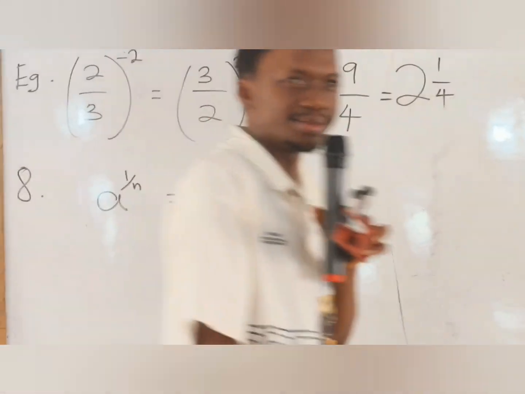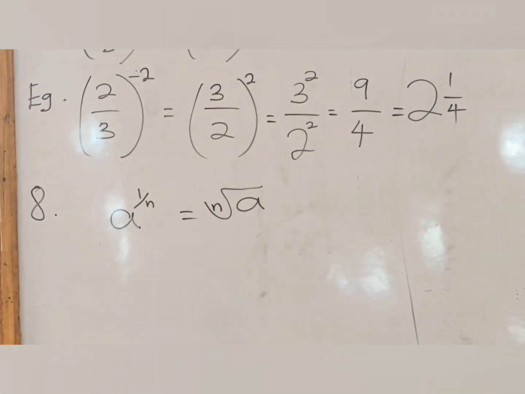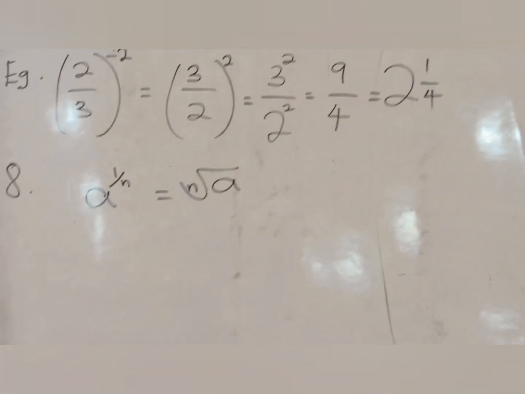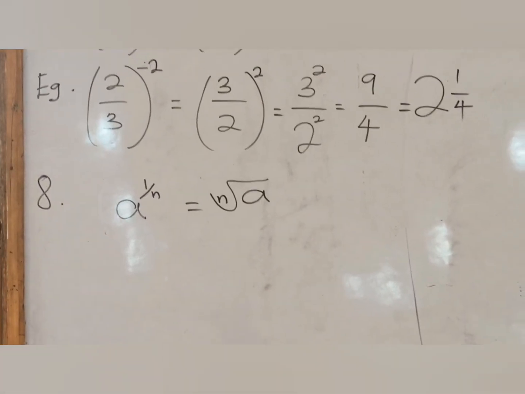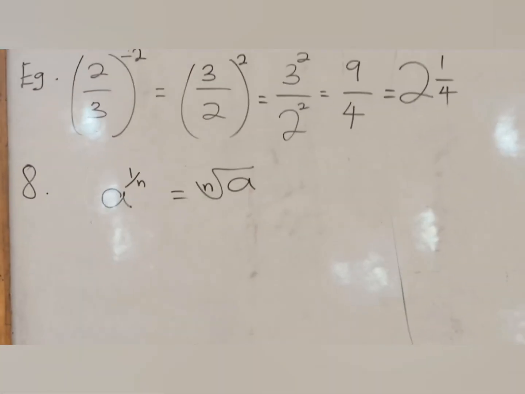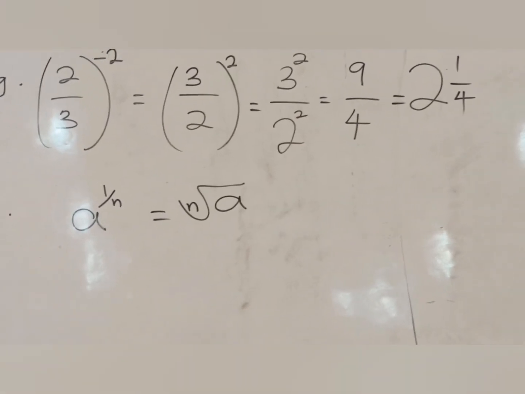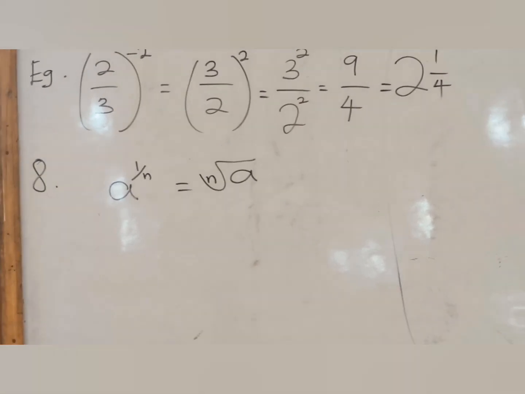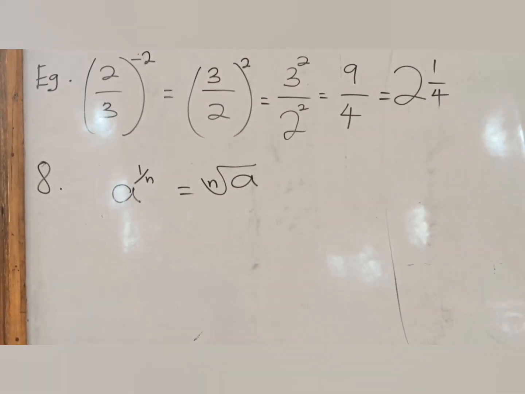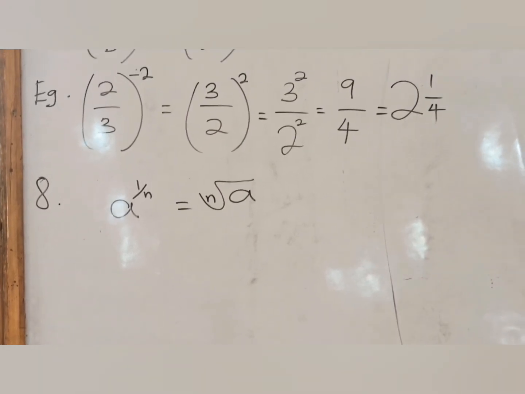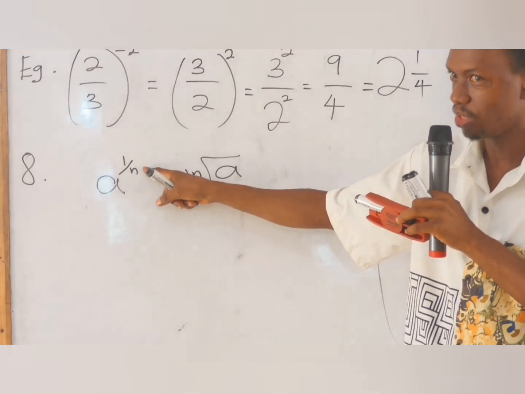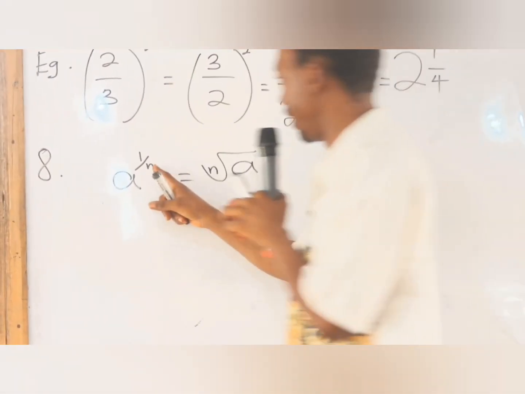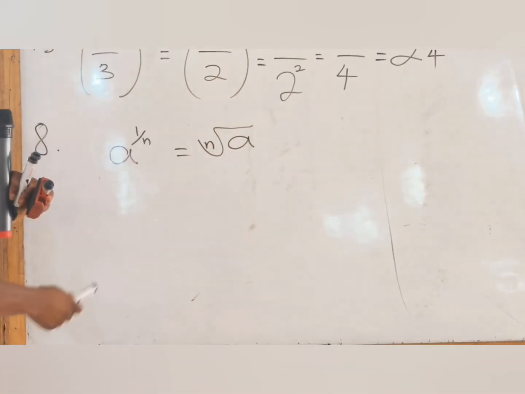Anytime you have an index that is 1 over a certain number which is not 1 and not 0, take that root, the denominator of that. So if it is 3 here, it means take the cube root. Are you all here?